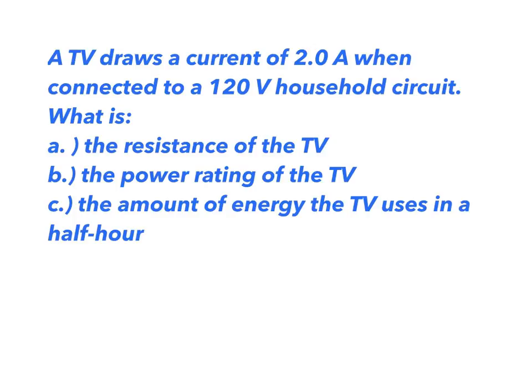Grand finale question. A TV draws a current of 2 amps when connected to a 120 volt household circuit. What is the resistance of the TV, the power rating of the TV, and the amount of energy the TV uses in a half hour? So I am told that the current the TV draws is 2 amps.